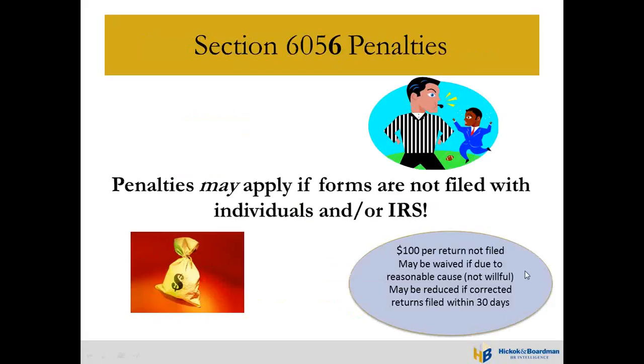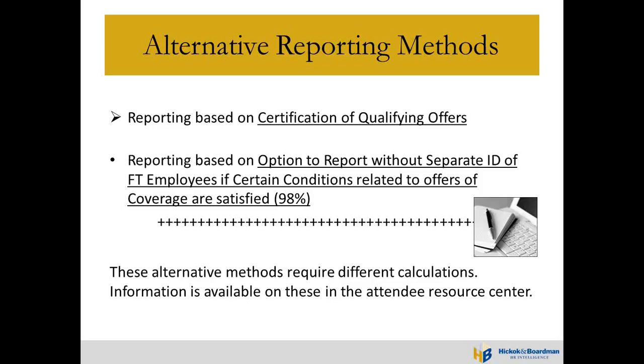And again, the same thing with 6055, penalties may apply. There are some alternative reporting methods that are available to certain employers for certain employees. And that is one of the resources that you have in your materials section.